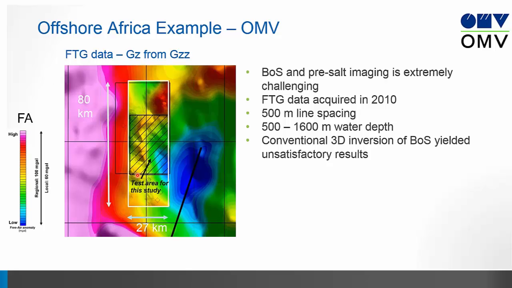So OMV had done a conventional 3D gravity inversion on this data set in the past, but were not entirely convinced by the results, so they decided to try VALEM. And it's worth pointing out here that OMV had this gravity data on the shelf. So for them it was a low-cost approach really to improve their seismic imaging of the base of salt.